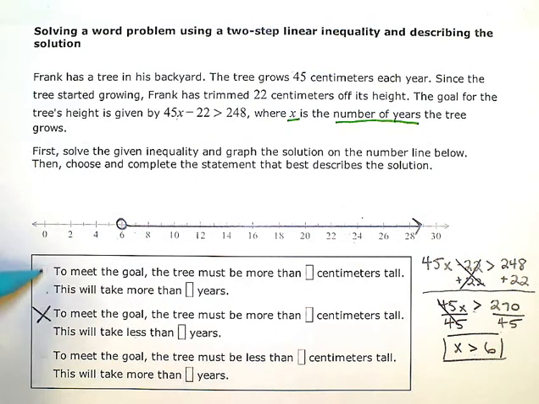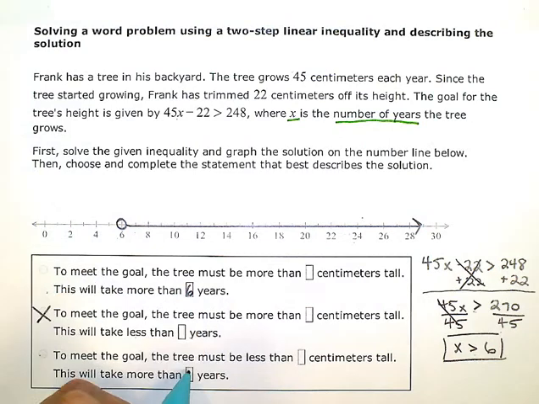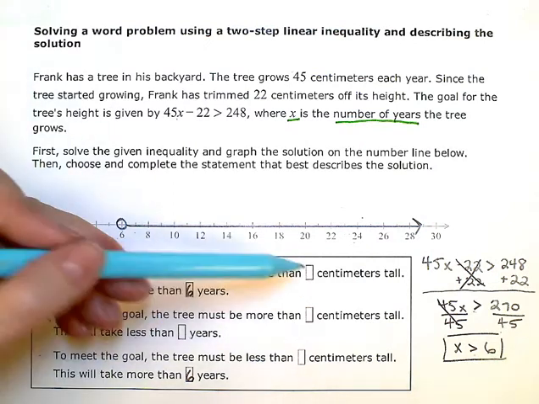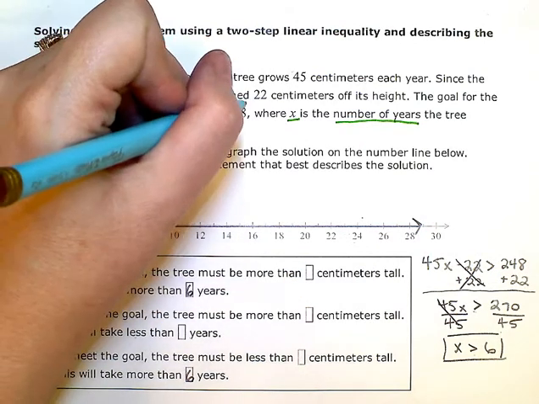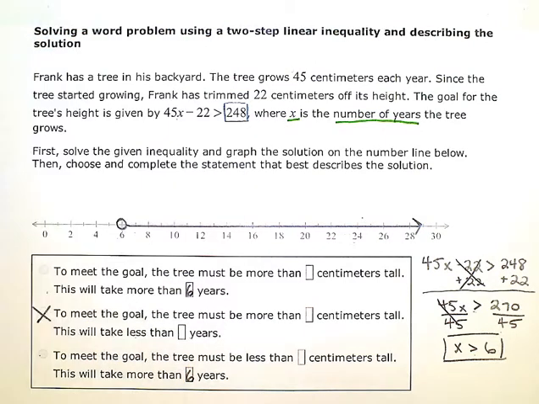So I know it's going to be one of these two, and that this number is 6, because that's what my solution says. Now, the other number, I need to deal with the 248, that they didn't really explain to me.